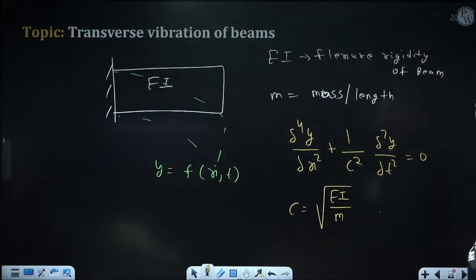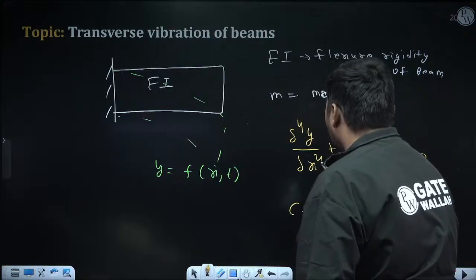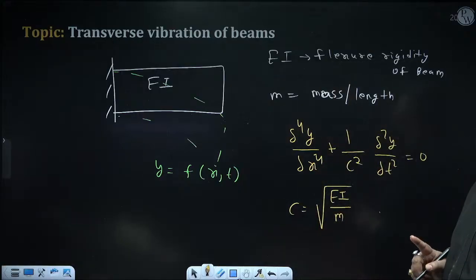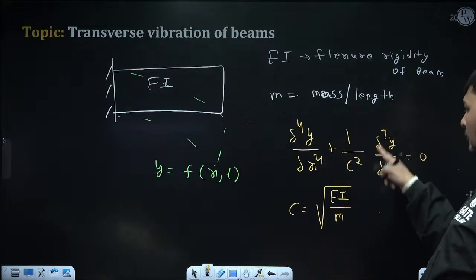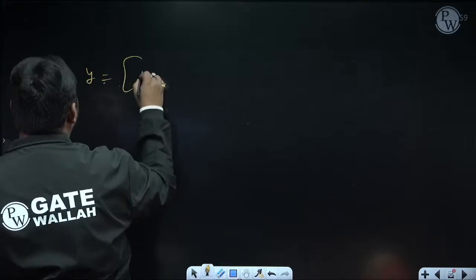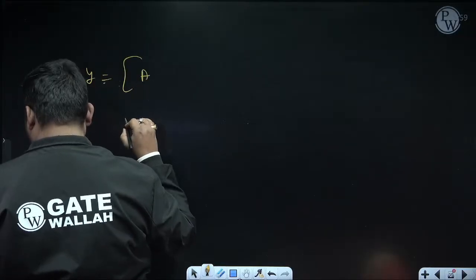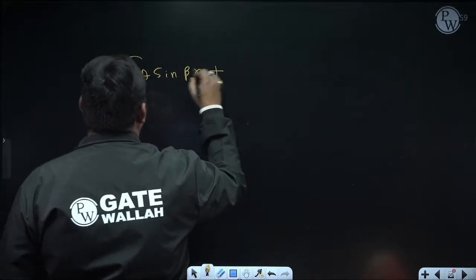Now here if you write the solution, in the solution it is del x to the power 4, so 6 arbitrary constants will come: 4 for this, 2 for this. So here the final equation of y will be like this: a sin beta x, plus b cos beta x, plus c sinh beta x, plus d cosh beta x. What is the expression of beta?